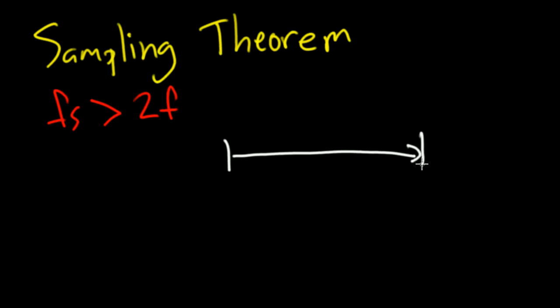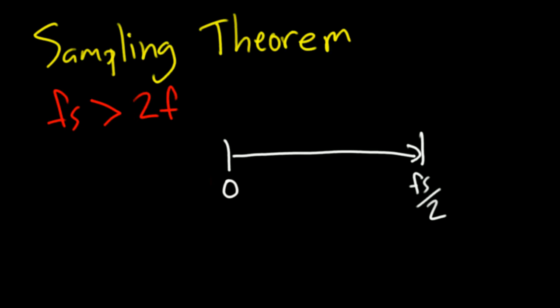Real valued signals only have half of this bandwidth. They go from 0 Hertz to f of s over 2. You don't see the negative side because the negative side is simply a mirror image of the positive side. And that's always the case with real valued signals. The negative frequencies are always a mirror image of the positive frequencies, so they're typically ignored. They're there, arguably, but they're redundant information. If we were to plot the left-hand side of this frequency domain plot, it would be a mirror image of the right-hand side.